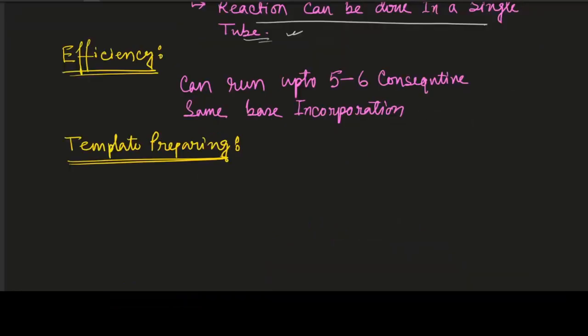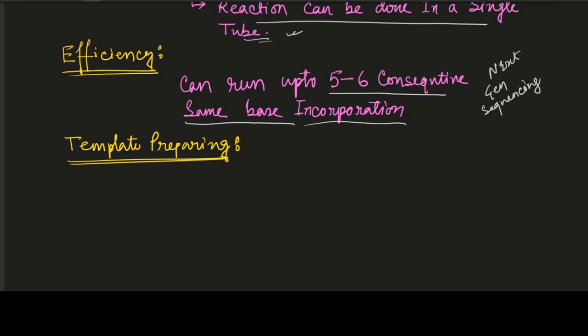So now let's talk about the efficiency of pyrosequencing. As I told you before, pyrosequencing is a next generation sequencing, so its efficiency is much more than Sanger sequencing. In pyrosequencing, we can detect the incorporation of consecutive same bases or same dNTPs in our complementary DNA up to 5 to 6 incorporations.